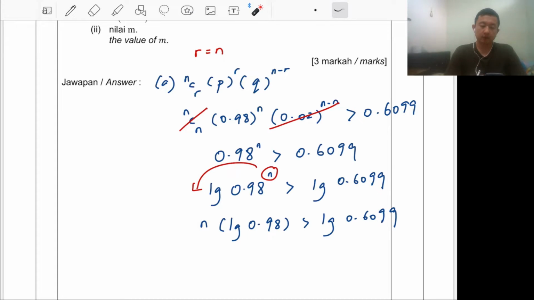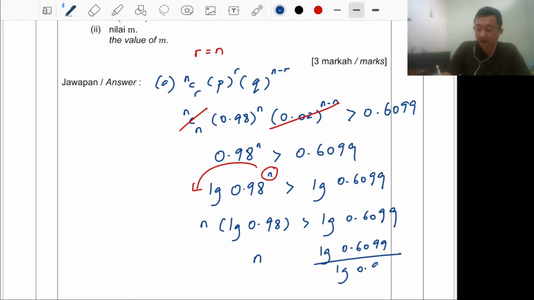All right. Pretty small, right? But what is more important is this is a negative value. So what happens when we have a negative value with an inequality sign? It will flip the sign. This is the part that is a bit tricky. So if I want to do the following, I have LG 0.6099 divided by LG 0.98.